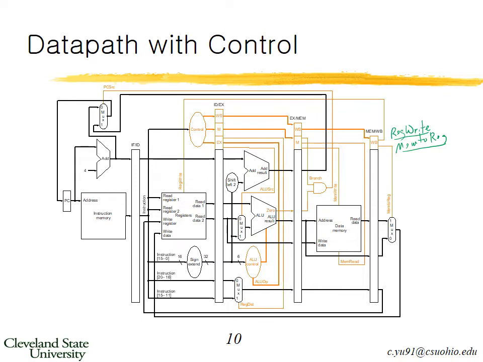So here is the overall diagram of the pipeline architecture, including the control circuit. If you look at the rightmost side, at the write back stage, we only need 2 control signals, which are RegWrite and MemtoReg. Those particular control signals are in fact generated in the ID stage, but are carried over through the execution, memory, and write back stages.